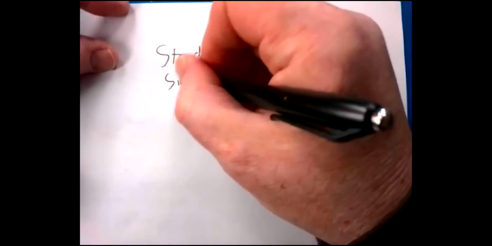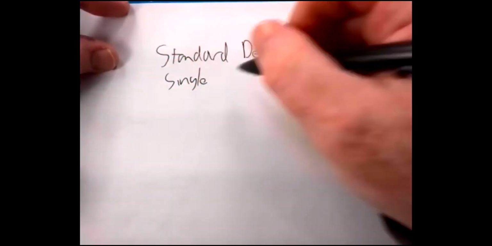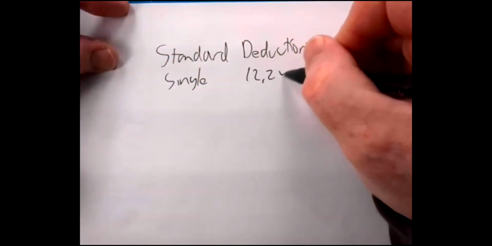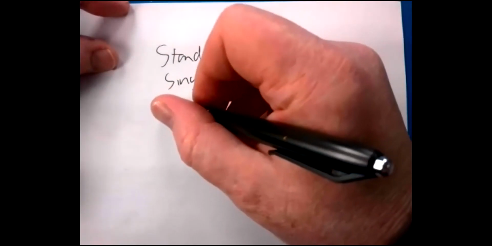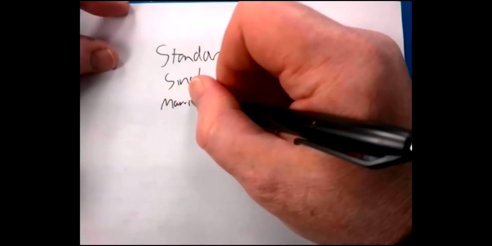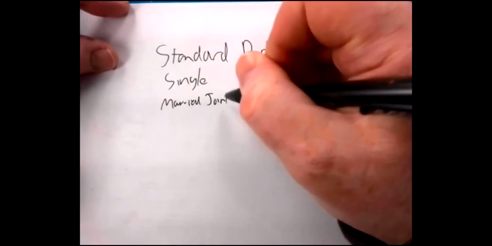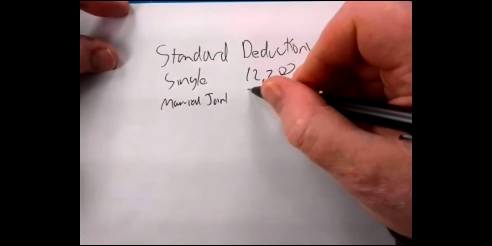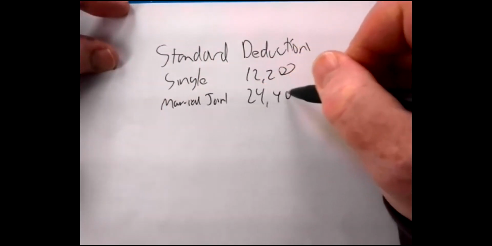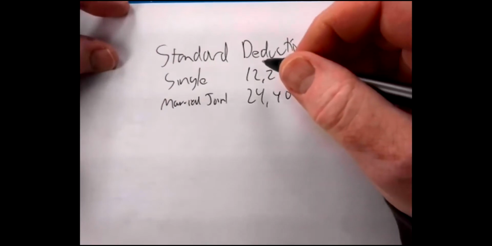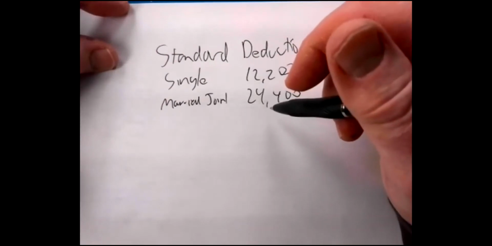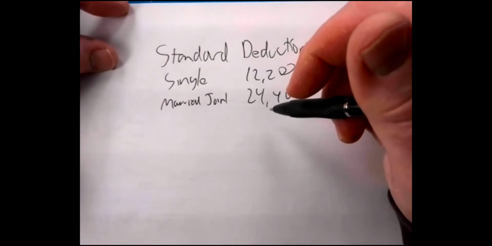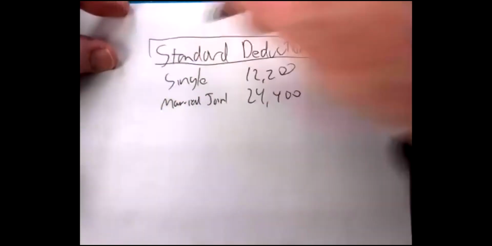And you remember that it's single, 12,200, and if it's married jointly, 24,400. I forget what the head of household was, I think 18 something, 18.3. I'll look it up. Anyway, these are the standard deductions.